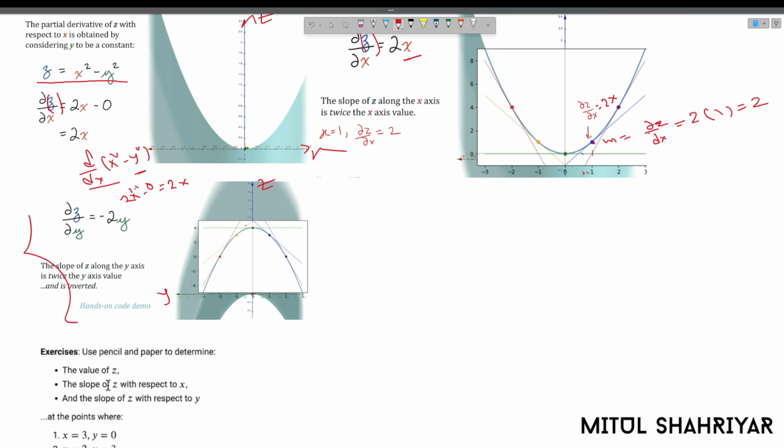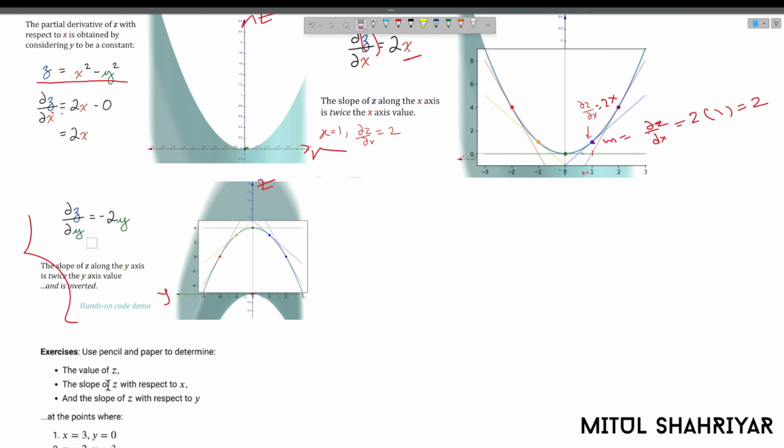Okay, and we can get the slope of that using this dz/dy. Okay, sorry. We are trying to find out dz/dy, which will give us minus 2y only.